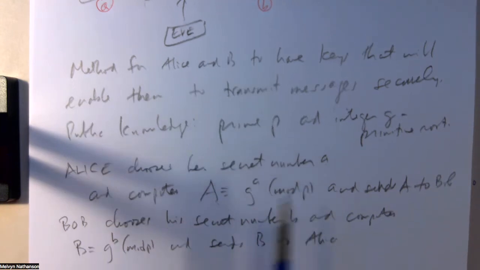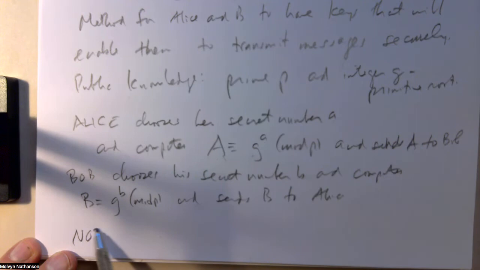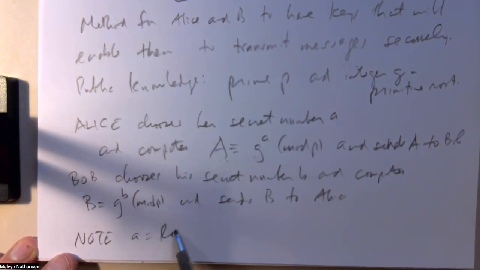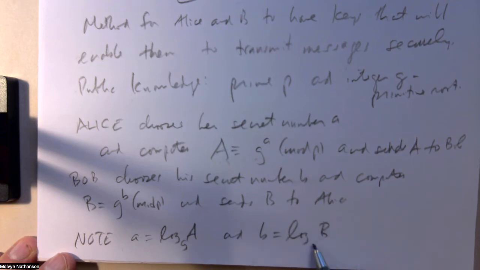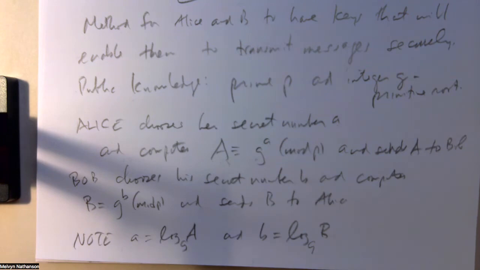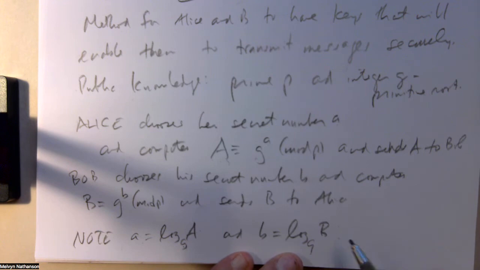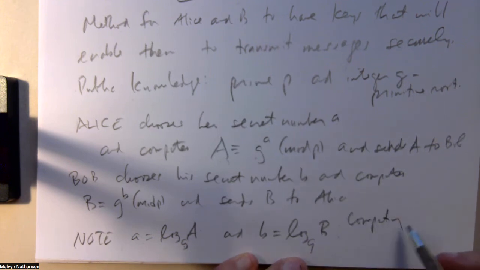All we know is if capital A is G raised to the little a, the secret number a is the logarithm of capital A to base G, and the secret number b is the logarithm of capital B to the base G. So you might say, well, if Eve knows capital A and G, to find little a, Eve just has to calculate the logarithm of capital A to base G. Similarly, to find little b, which is Bob's secret number, Eve only has to calculate the discrete logarithm of capital B to base G.